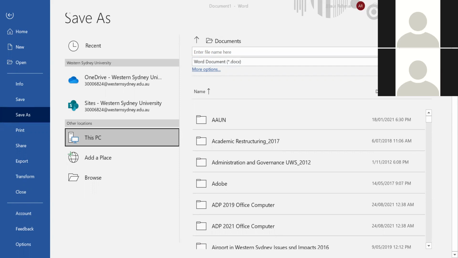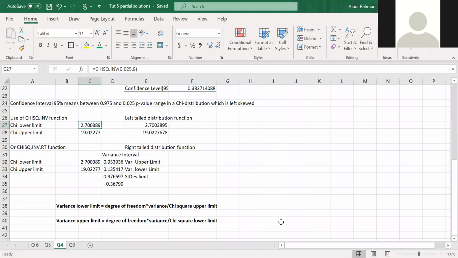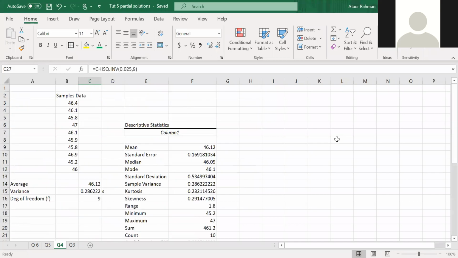Okay, now I want to solve question 4. In question 4, it's telling that the following are the concentrations of manganese in 10 water samples.